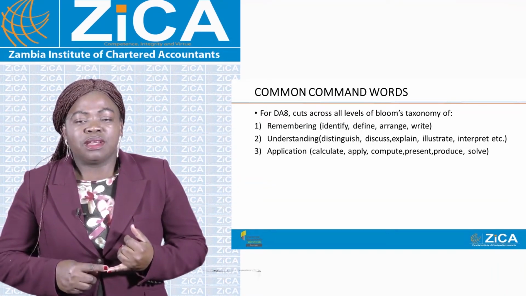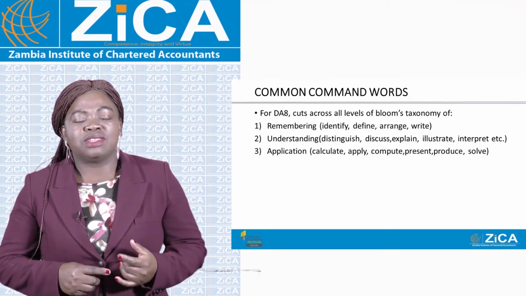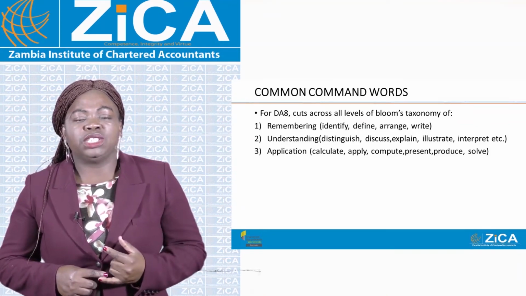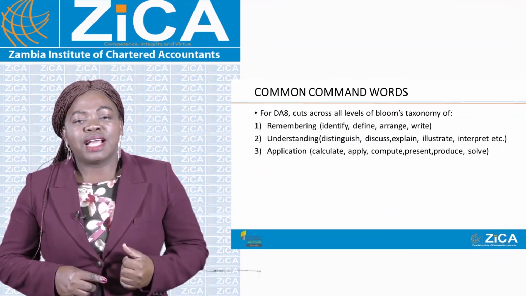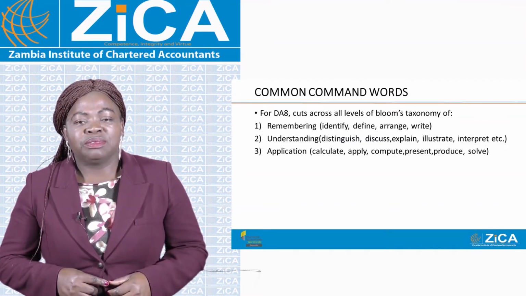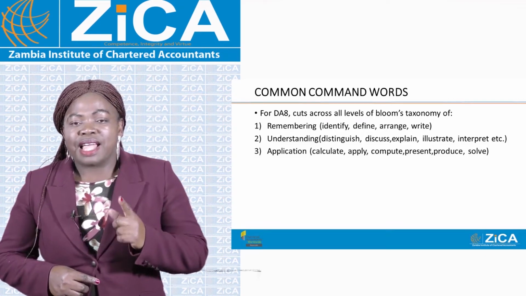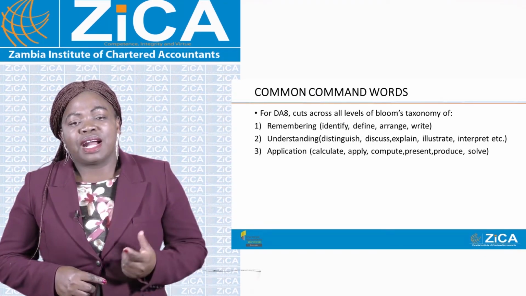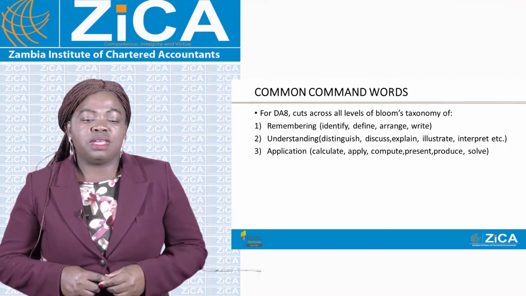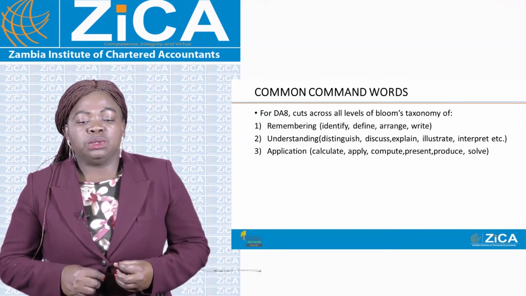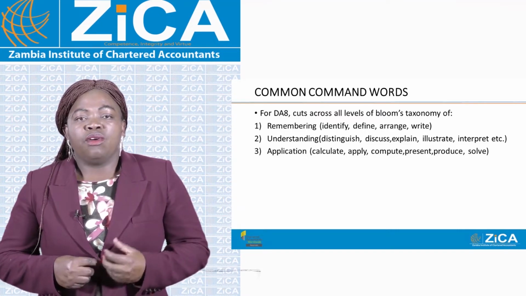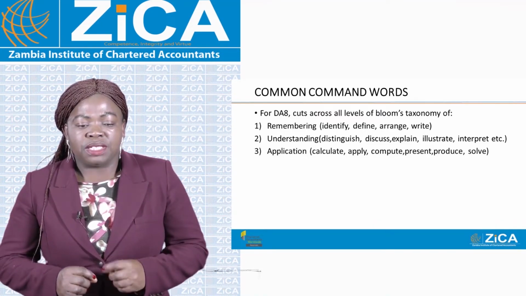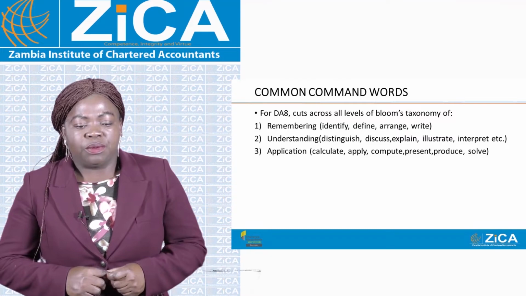What are the rules regarding measurement, initial recognition, subsequent years recognition, and derecognition? It's only when you understand the principles of a given accounting standard that you'll be able to do the discussion, the explanation of a given accounting treatment for a particular short scenario.